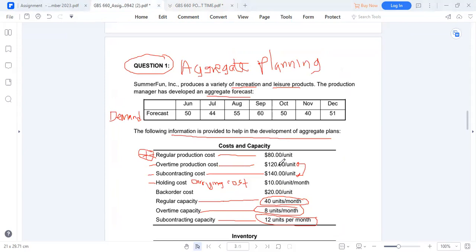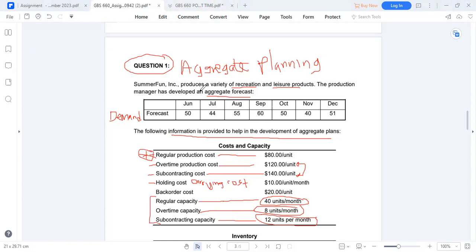Of the regular basis, you're supposed to produce 40 units on the regular capacity, as well as the subcontracting, and these other factors should be considered.